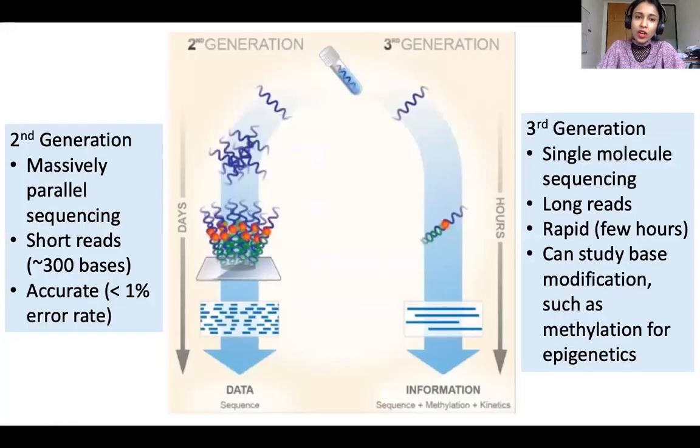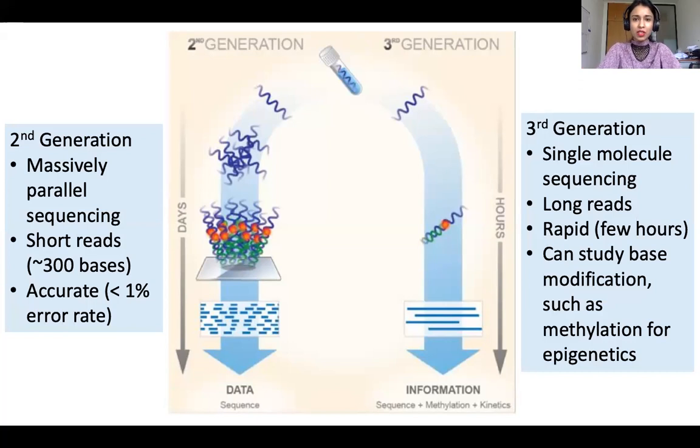Right, so this is just to give you an overview of the different sequencing technologies which are available now, how they work, their advantages and disadvantages, and how most researchers actually combine both these technologies to ensure that we get accurate genomes as well as complete genomes, right? Moving on, once you've done sequencing, the next step, of course, is to analyze.